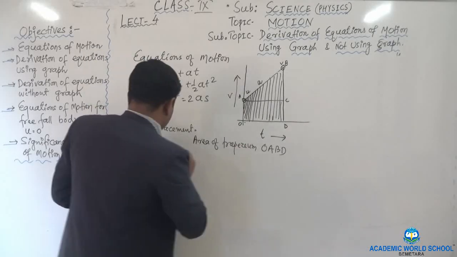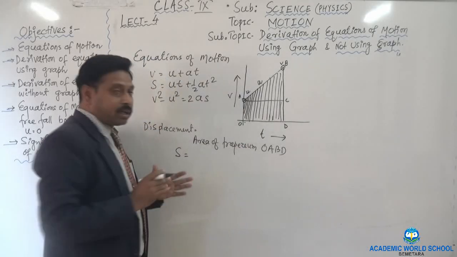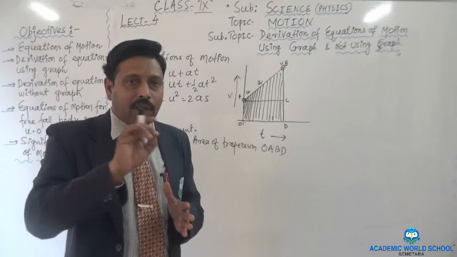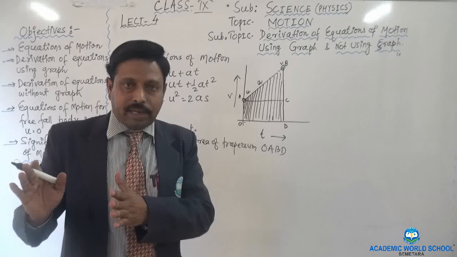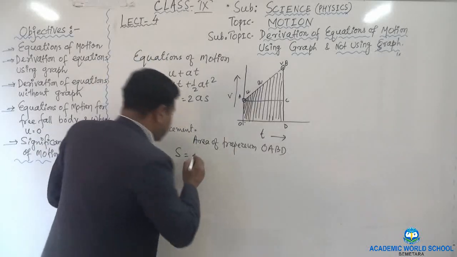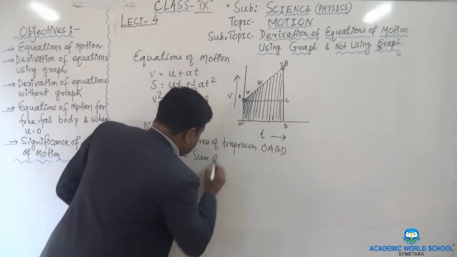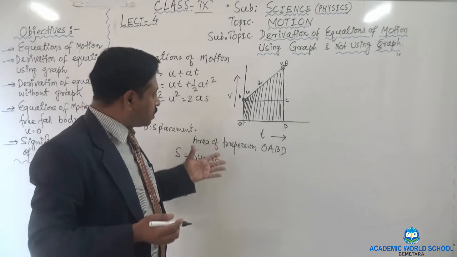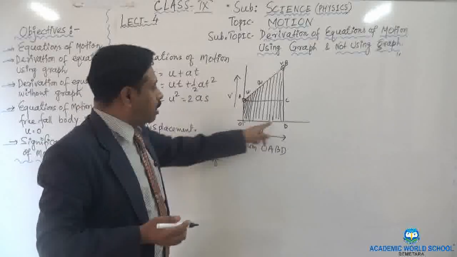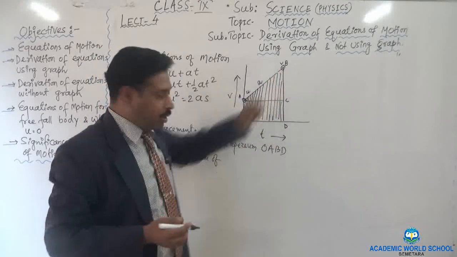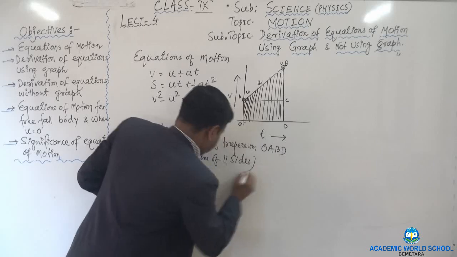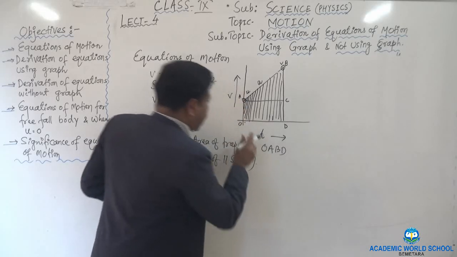Okay. So s is equal to, what is the formula to find the area of the trapezium? The formula is half into the sum of the parallel sides into altitude. Let me write down the sum of the parallel sides. Which are the parallel sides in this trapezium? The parallel sides are OA parallel to DB or BD. So I can write the sum of the parallel sides into altitude. Altitude means height.